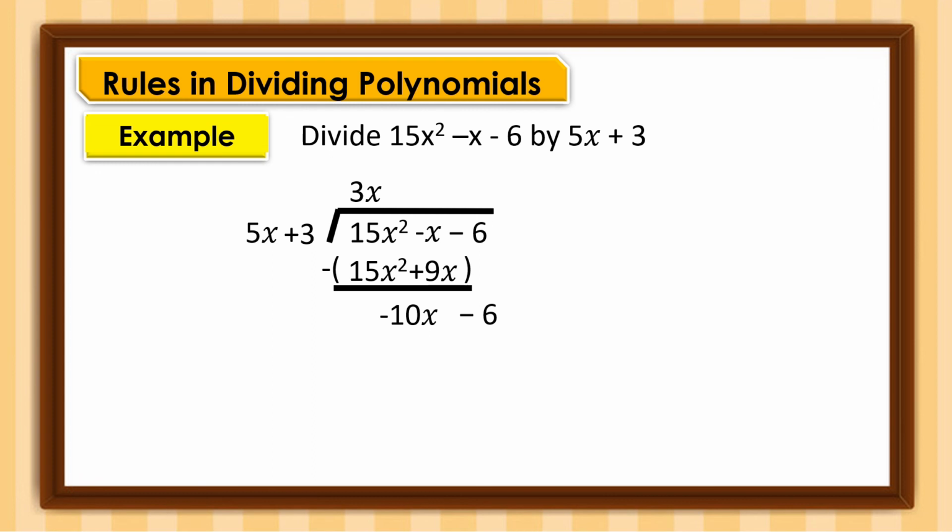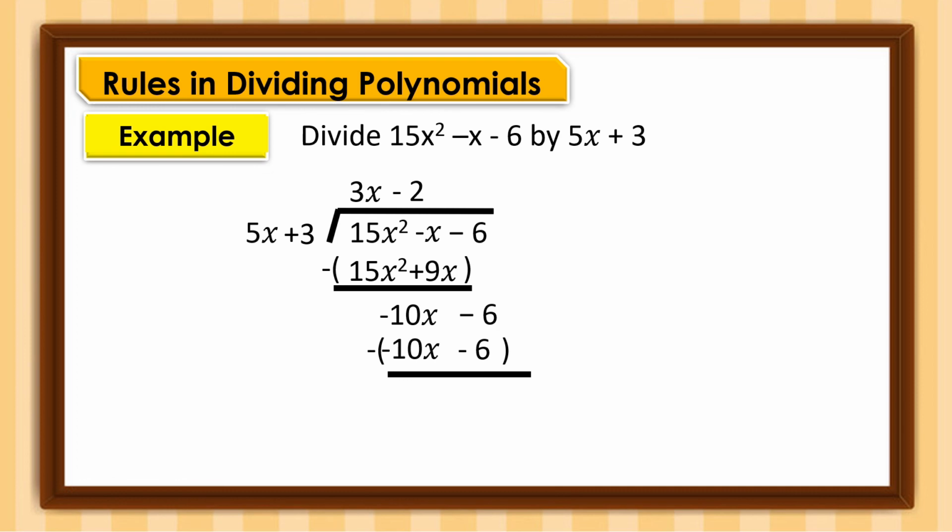And then bring down negative 6, and let us proceed to division again. So negative 10x divided by 5x is equal to negative 2. And then negative 2 times 5x is negative 10x. And then negative 2 times 3 is equal to negative 6. After that, let us proceed to subtraction again.